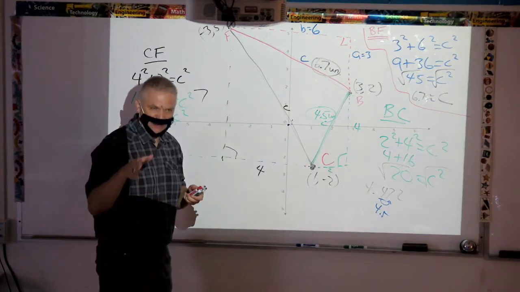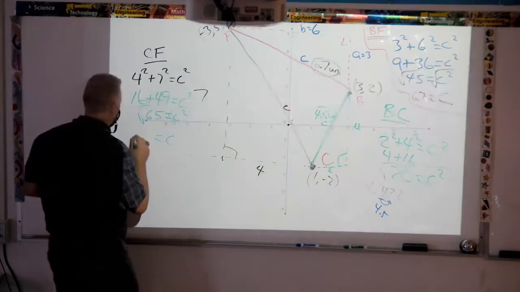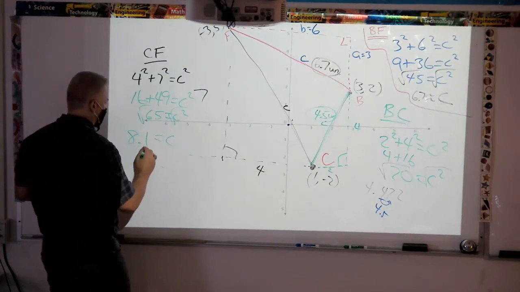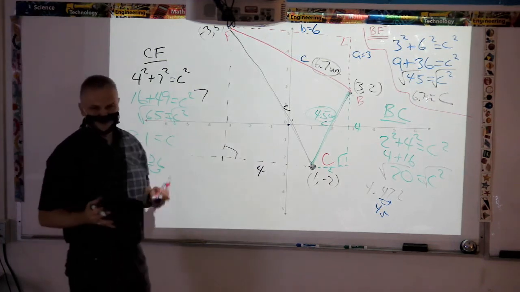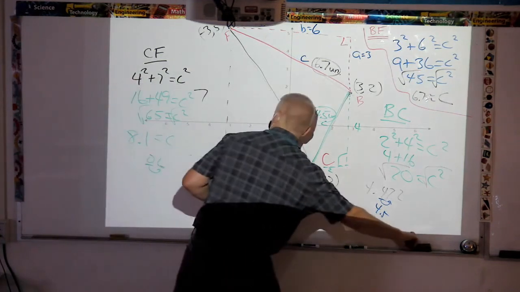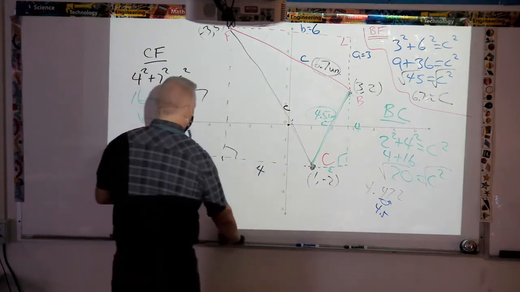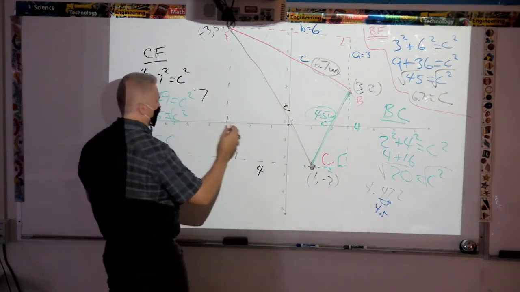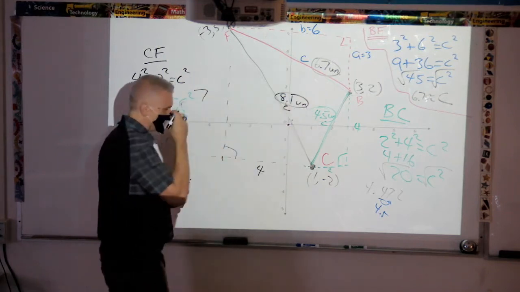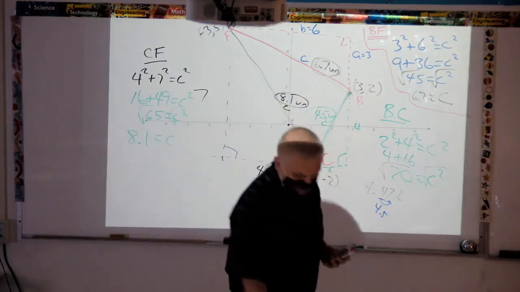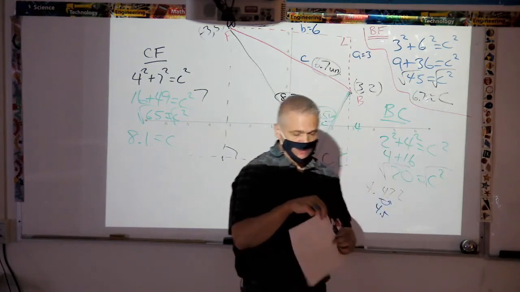So to the nearest tenth, 8.1, because the 6 rounds the 0 up. So we found all 3 sides, 8.1 units. That's the Pythagorean Theorem part that we did.